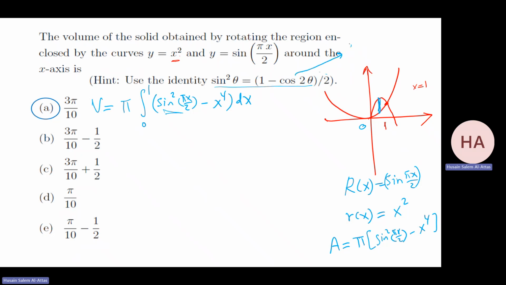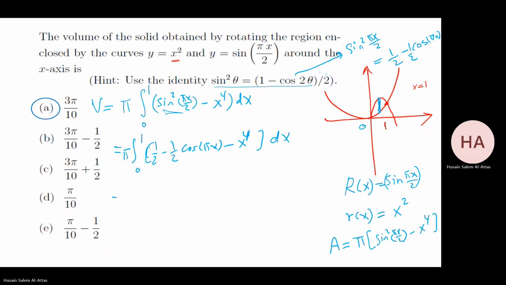Sine squared of pi x over 2, so my theta is pi x over 2, that will be 1 over 2 minus half cosine of pi x. So this is pi times the integral from 0 to 1 of half minus half cosine of pi x minus x to the power 4.